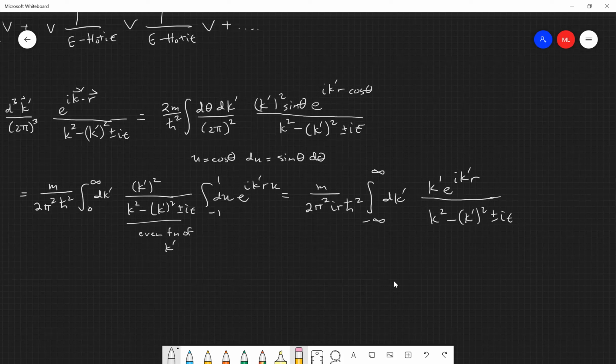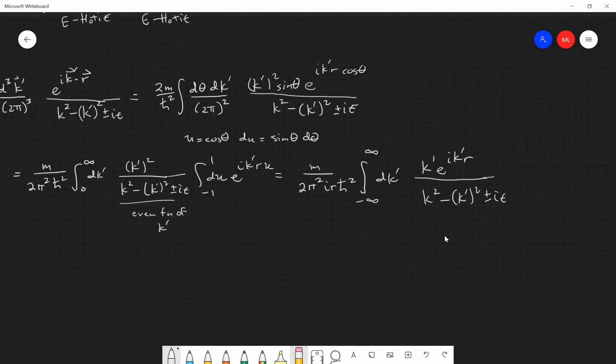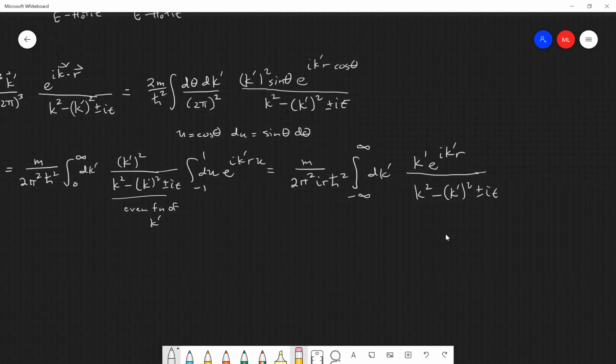And the idea here is that you would do this integral using a contour, right?